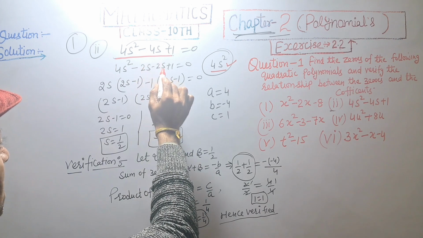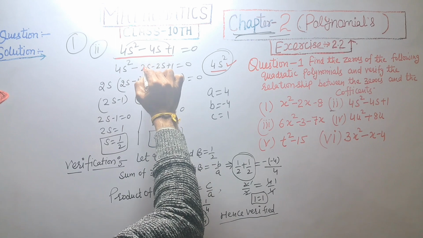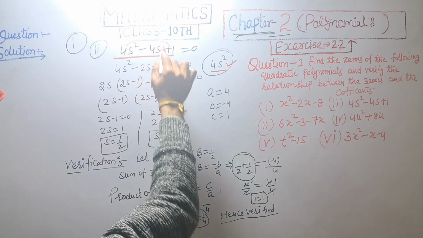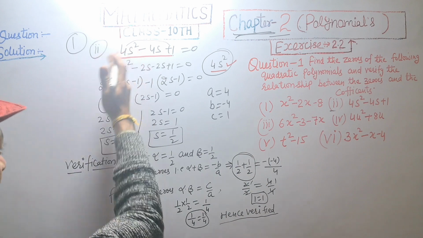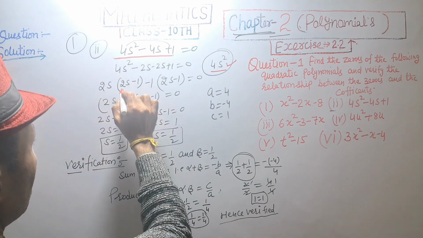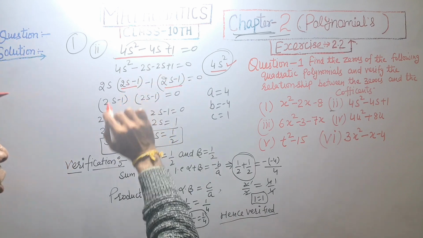Product of minus 2s and minus 2s is 4s square, and sum is equal to minus 4s. We take 2s common in bracket 2s minus 1, and minus 1 common, equal to 0.